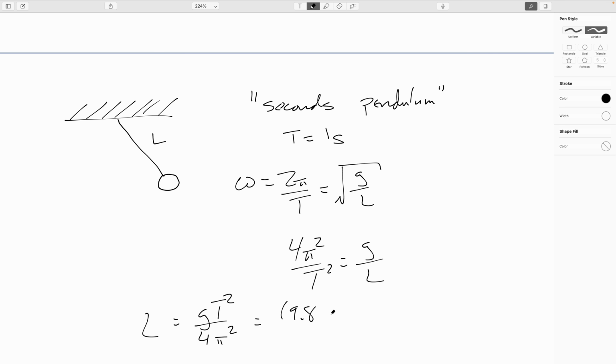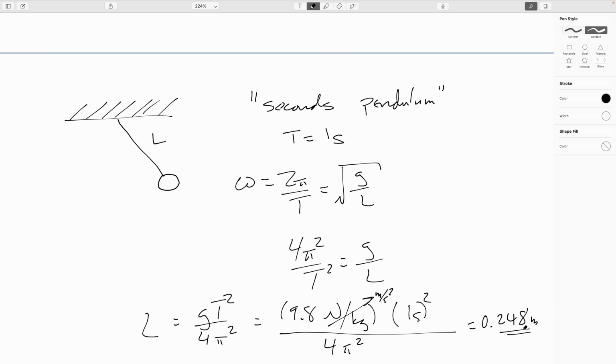So this would be 9.8 newtons per kilogram times 1 second, because that's what he wanted it to be, over 4 pi squared. Newton per kilogram is meter per second squared. I have seconds squared. That gives me meters. And if you punch it through, you get 0.248 meters.